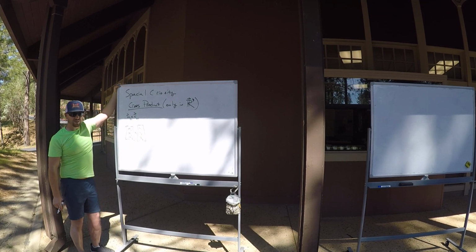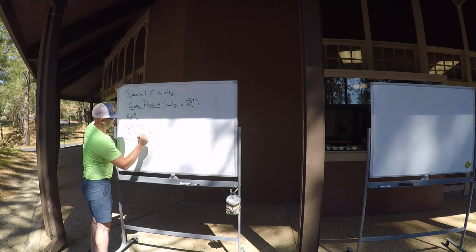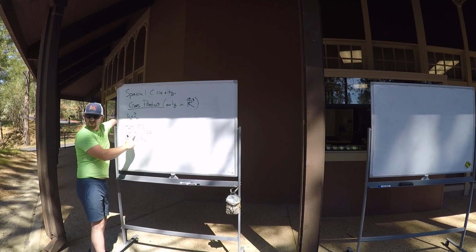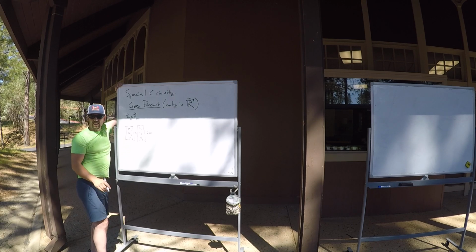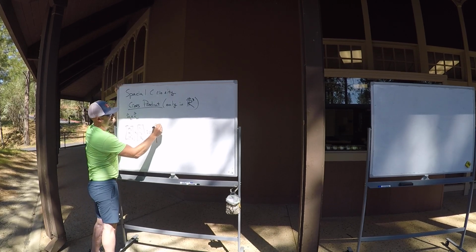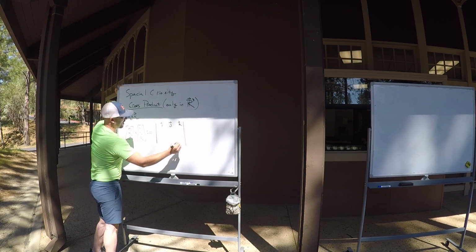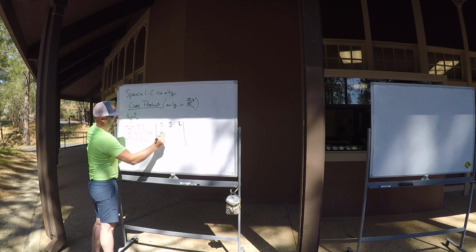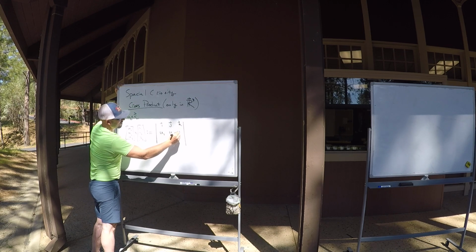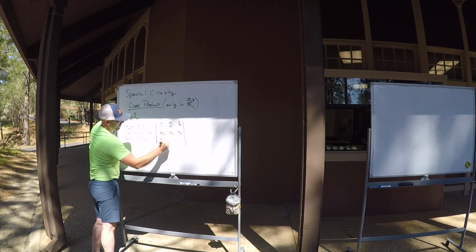And I'm defining the multiplication symbol here: it's going to be the determinant of the matrix with i, j, and k across the top, and then u in the second row and v in the third.